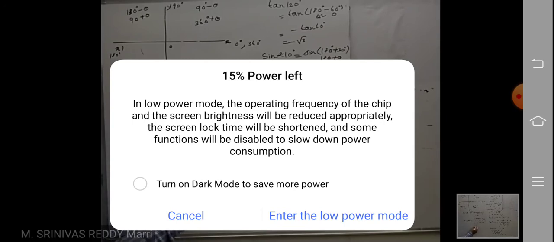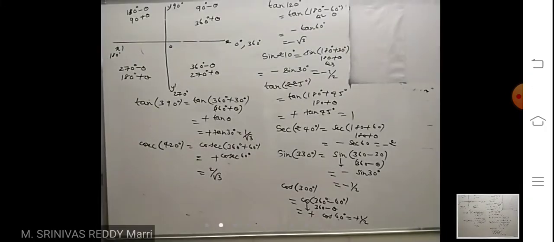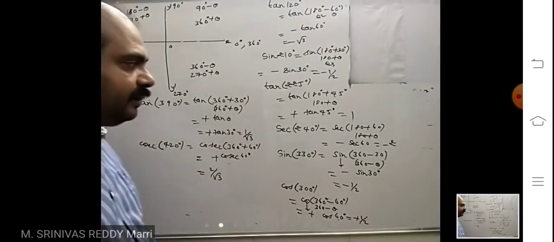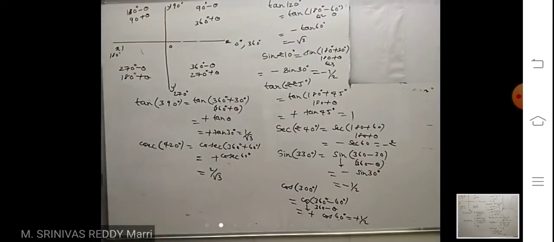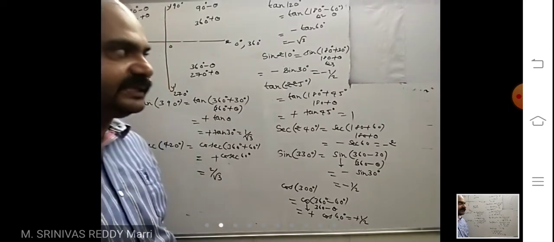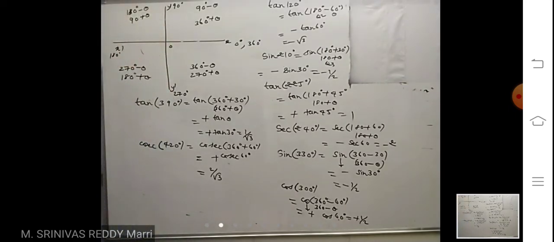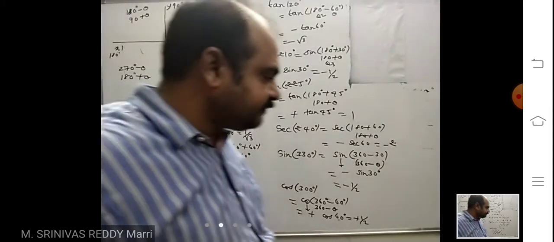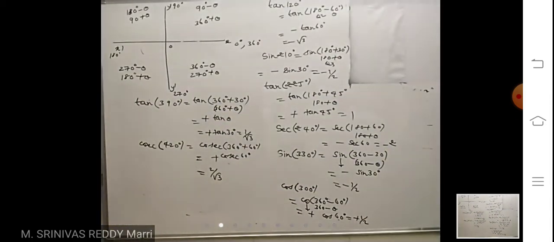That means cosecant 60 is what? 2 divided by root 3. Like that, these values. If the angles are of the form 180 minus theta, 180 plus theta, 360 minus theta, 360 plus theta, for every trigonometric ratio, sine means sine only you will get, before that plus or minus according to the quadrant.